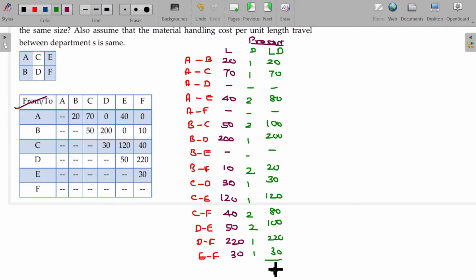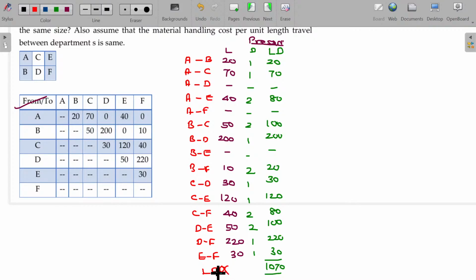Come on, get me the total value. 1070. 1070 is the current load distance. This is what about the current load distance.